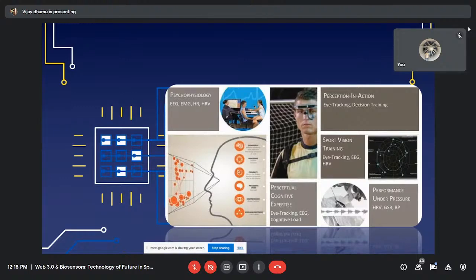Now, sports vision training. For sports vision training, we'll be using eye tracking, EEG, and heart rate variability.